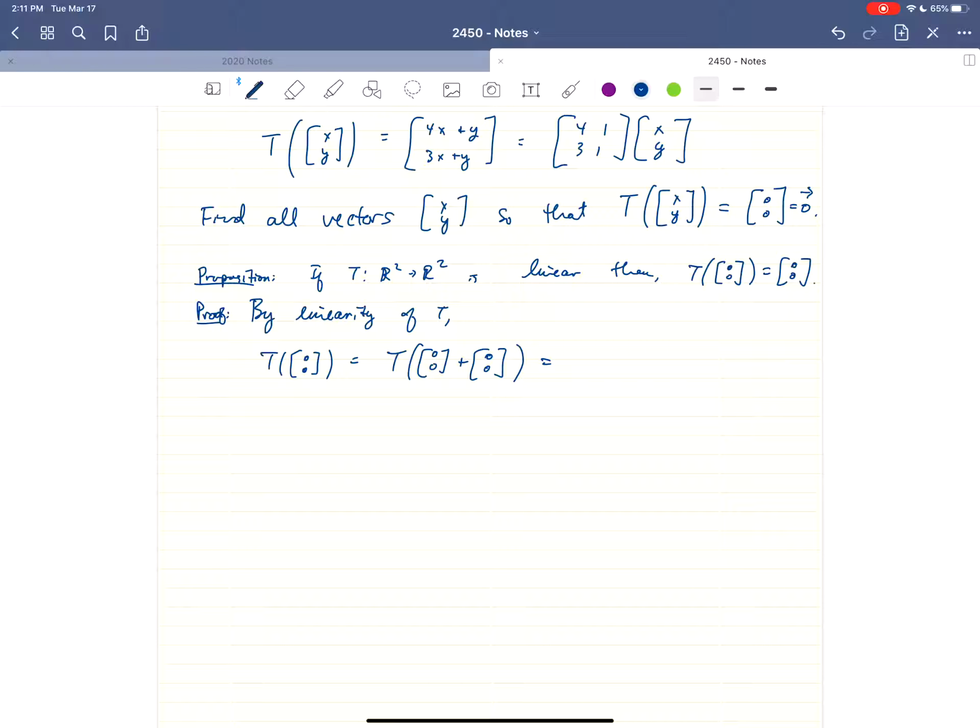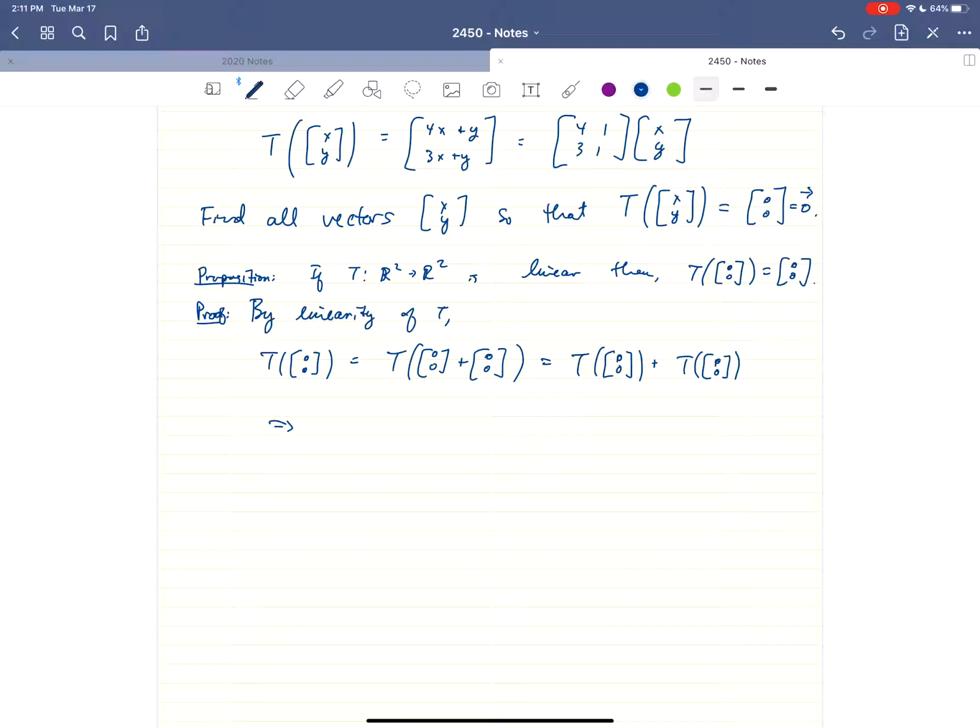And by linearity, this is T of (0, 0) plus T of (0, 0). Now think about what's happening here: I have some quantity Z, where Z is equal to Z plus Z. So this quantity is equal to itself plus itself, and the only way that can happen is if that quantity must be the 0 vector.